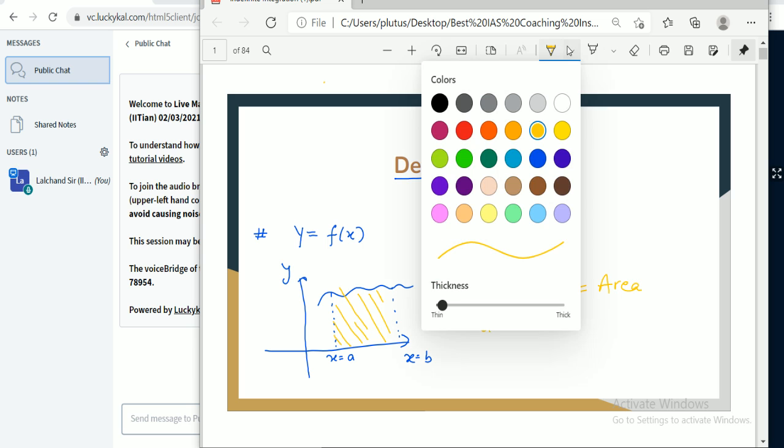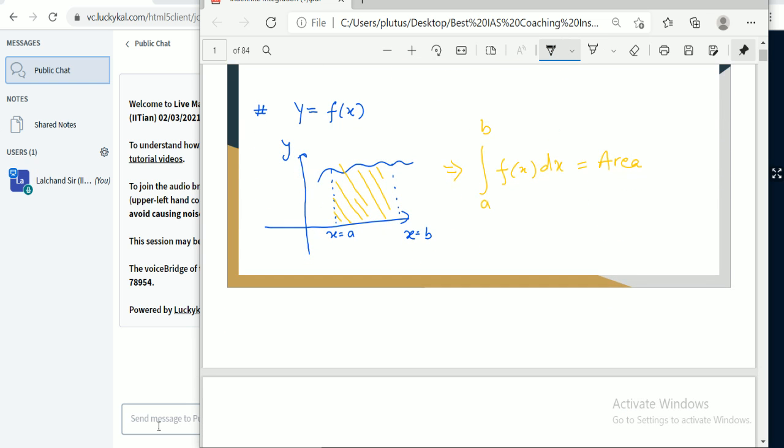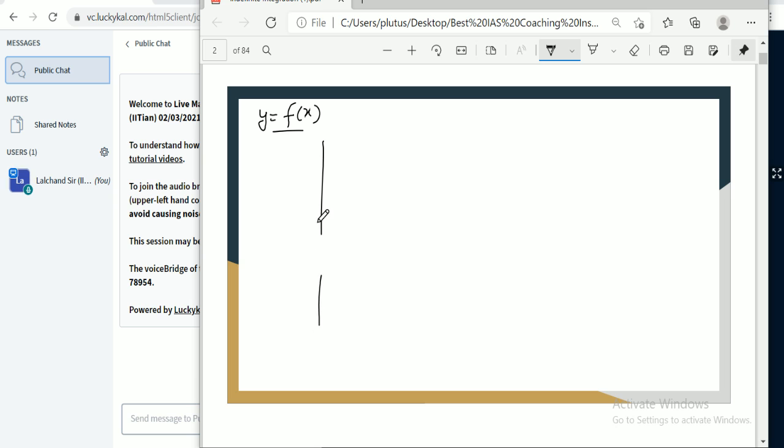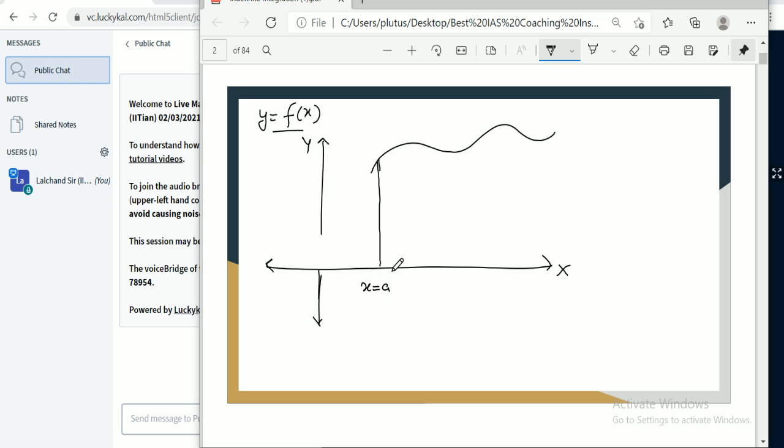Now let us try to find out how this area is calculated. Let's suppose in a similar way our function is y equal to f(x), with the x-axis and the y-axis, starting from point x equal to a and ending at point x equal to b.